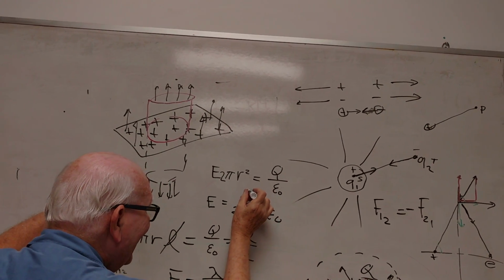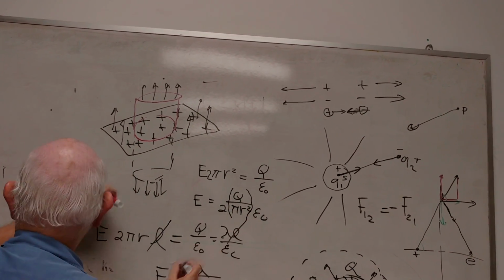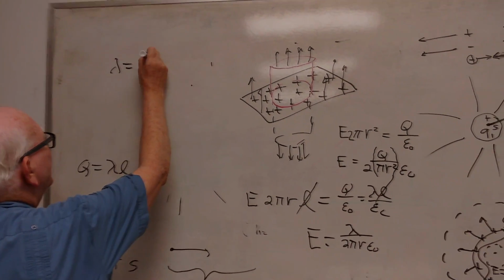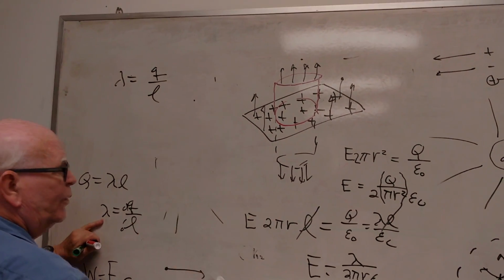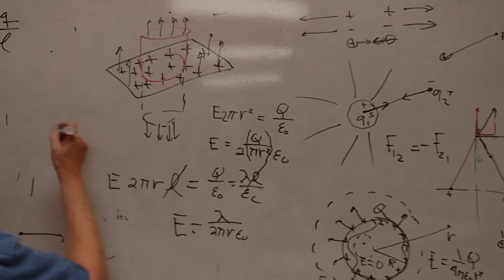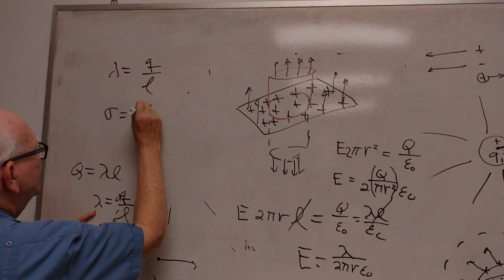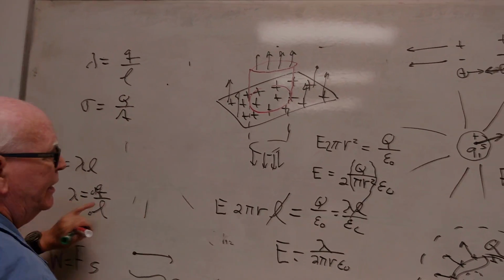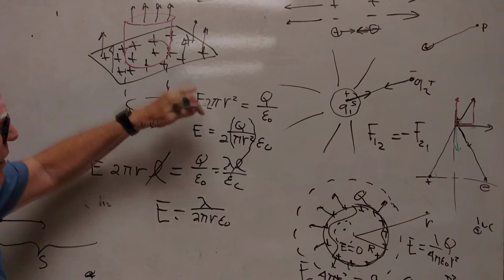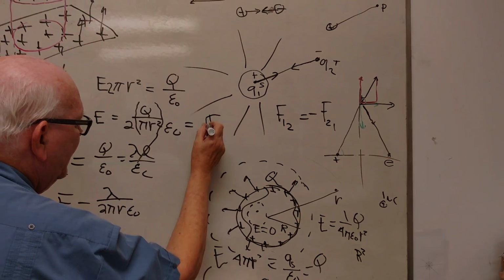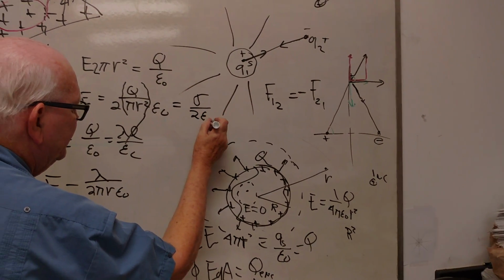And then, like we had lambda, which is charge per unit length, we create the idea of charge per unit area, which is called sigma. The area here is pi r squared, it's a circle. So we can write the field as simply sigma divided by 2 epsilon 0.